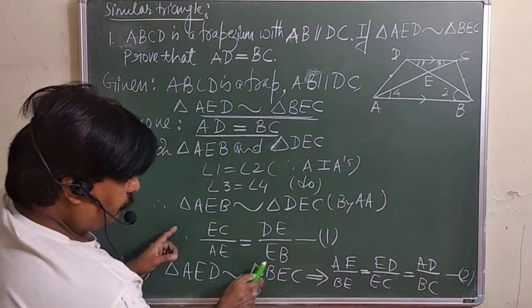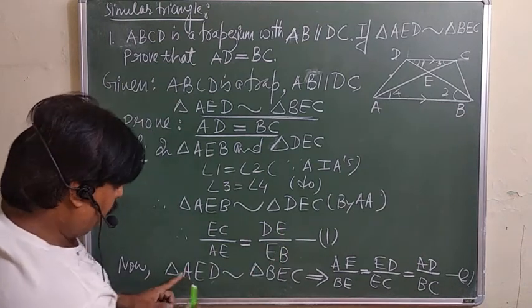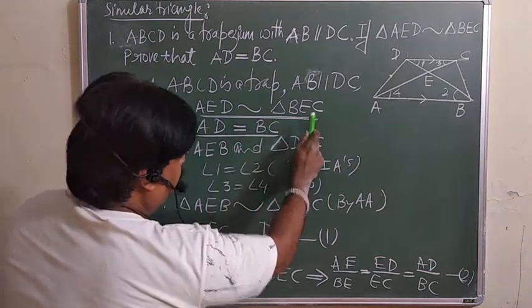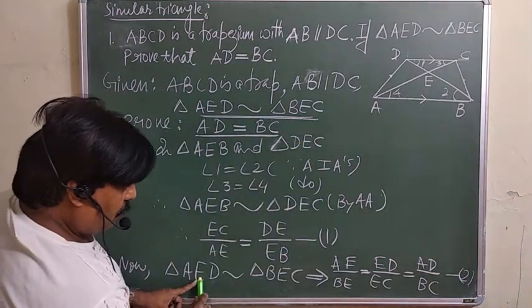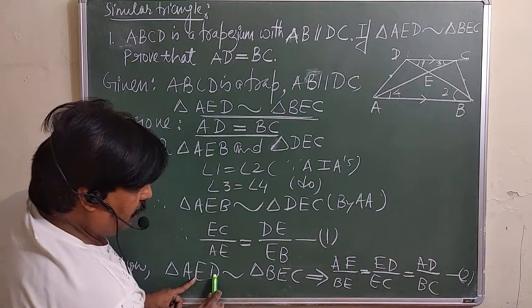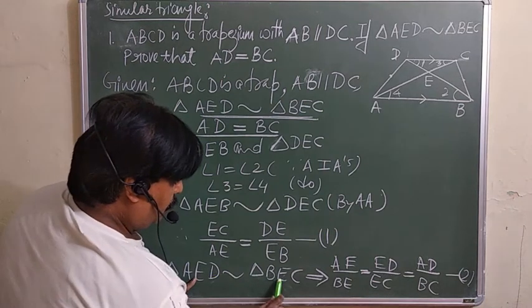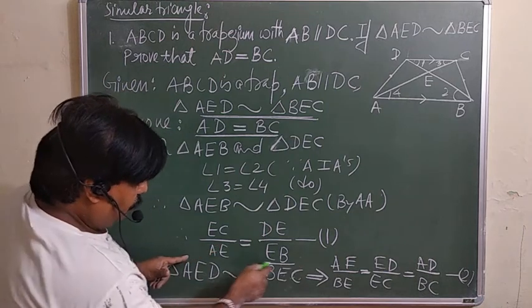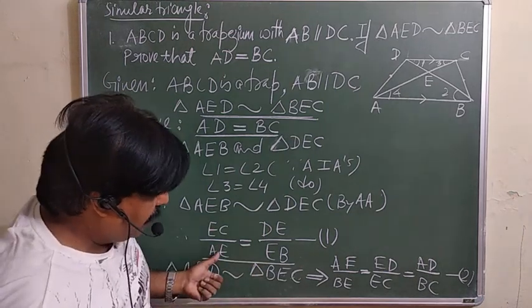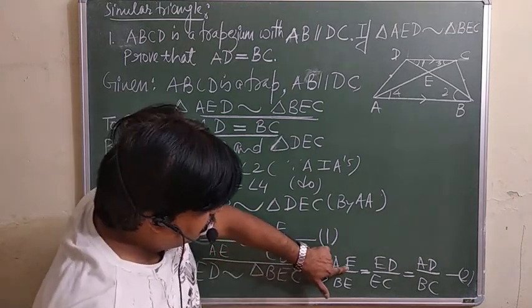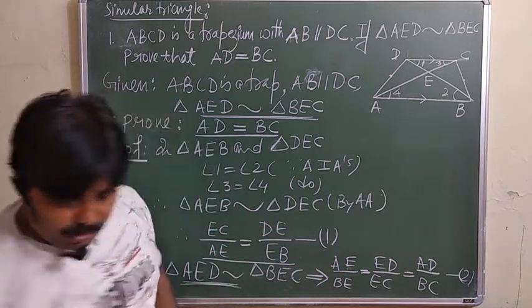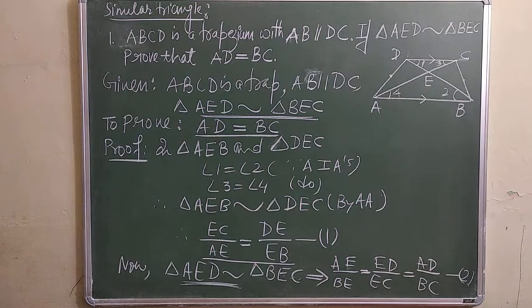Triangle AED is similar to triangle BEC, so AE over BE is equal to ED over EC, equal to AD over BC. From here we are getting EC over AE.